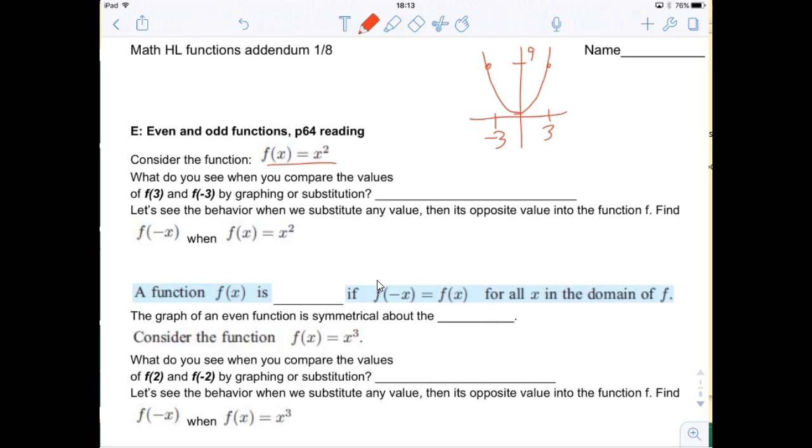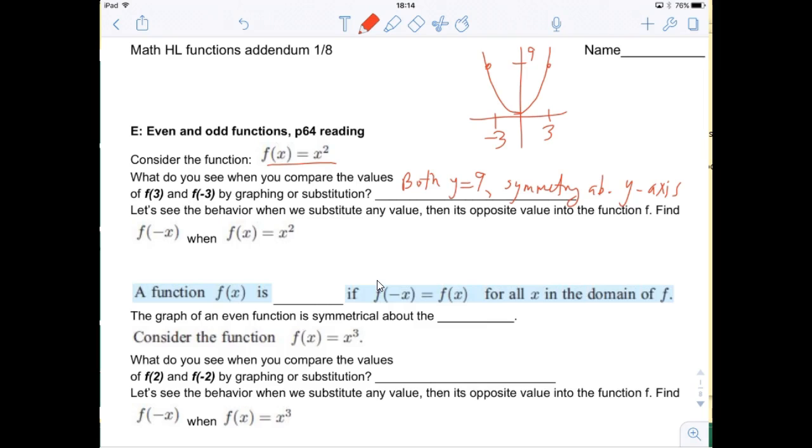So we see that at x equals 3 or x equals negative 3, both give y equals 9. And so we see that there's a symmetry about the y-axis, as if the y-axis was a mirror.